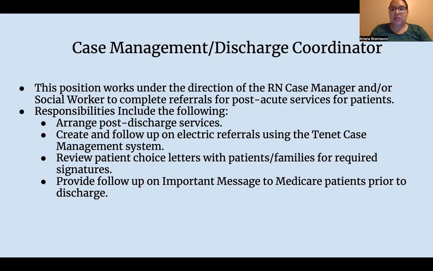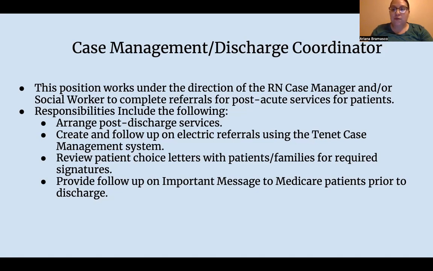And if a patient is not oriented, or is not able to speak, or has hearing problems, then they have to contact their family members and let them know that their insurance is covering this skilled nursing facility.